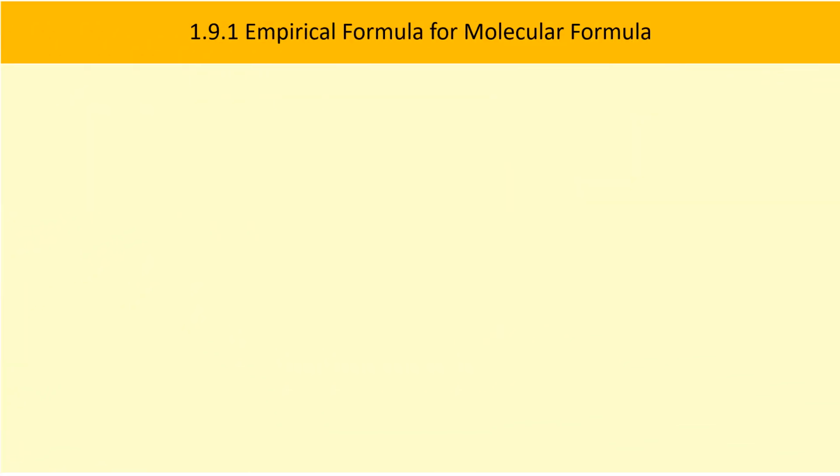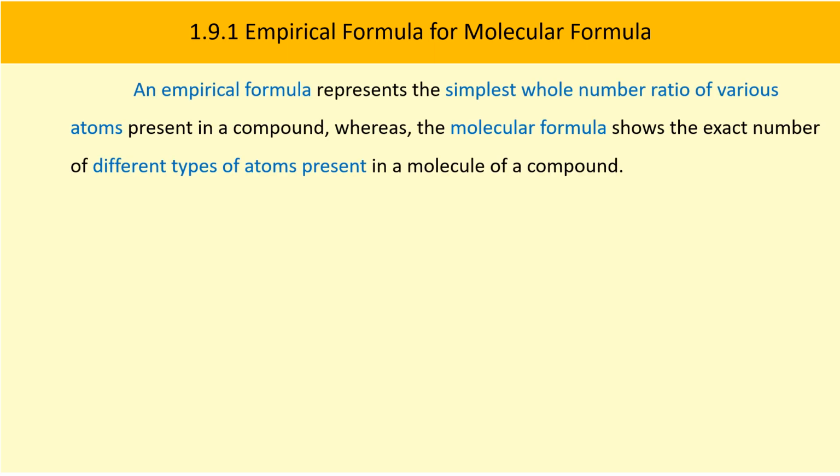Empirical formula for molecular formula. An empirical formula represents the simplest whole number ratio of various atoms present in a compound, whereas the molecular formula shows the exact number of different types of atoms present in a molecule of a compound.